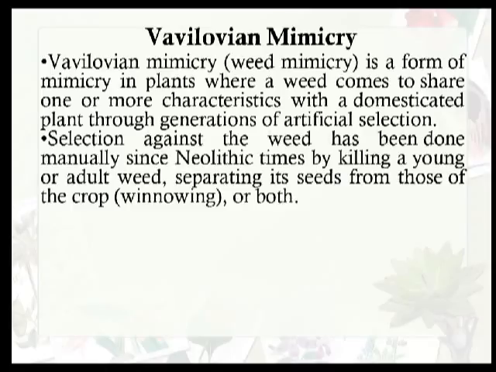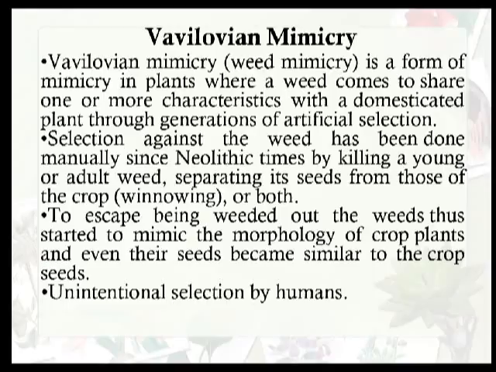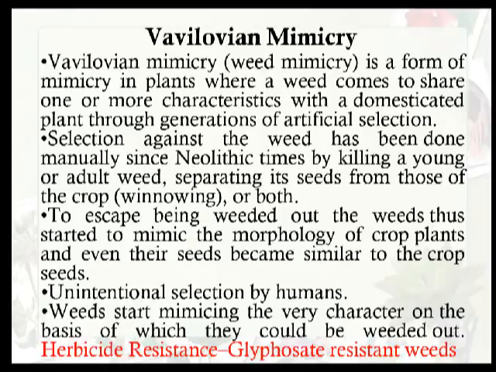Basically, we have been doing the selection against the weed by killing a young weed or adult weed, separating its seeds. But to escape from being weeded out, weeds start developing similar characters to the crop plants. Morphologically, their seeds become similar to the crop seeds, and thus they are unintentionally selected by humans because they become indistinguishable from the main crop. So basically, they start mimicking the very character on the basis of which they could be weeded out.